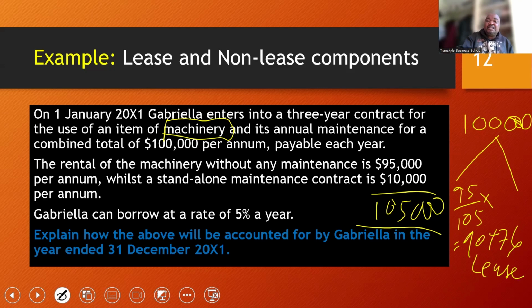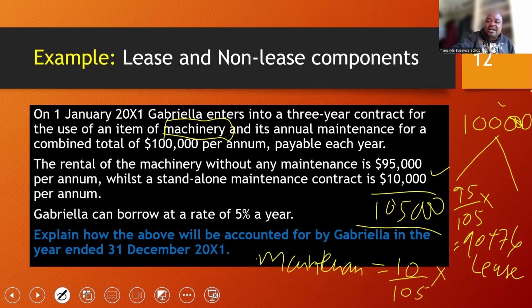The maintenance, or non-lease. This is the non-lease. The maintenance would be 10 over 105 multiplied by 100,000.